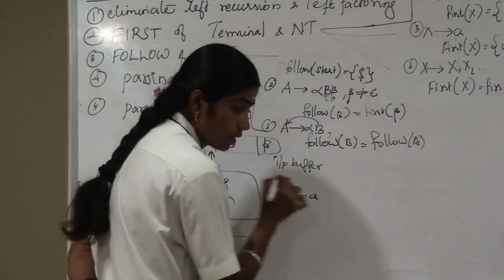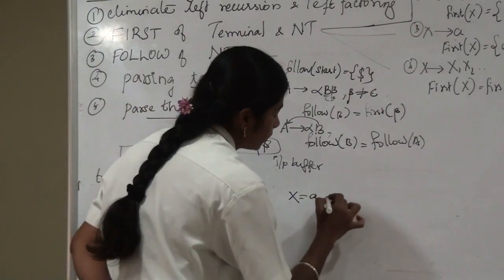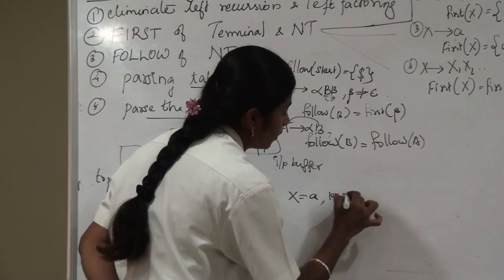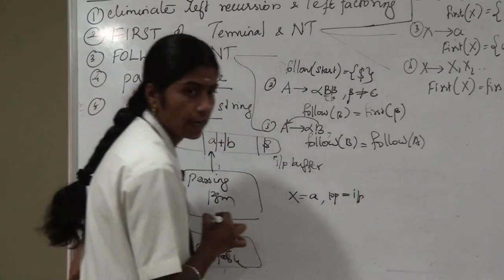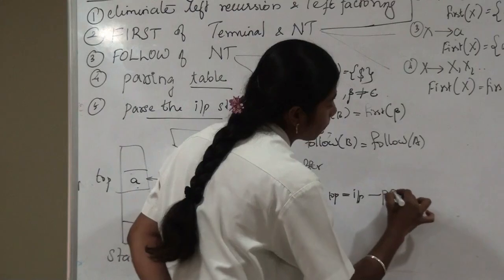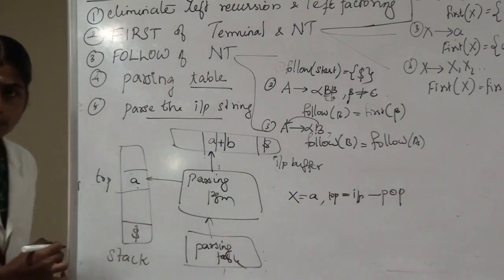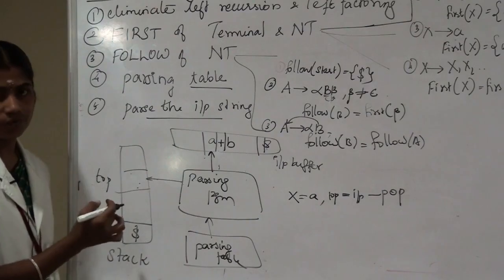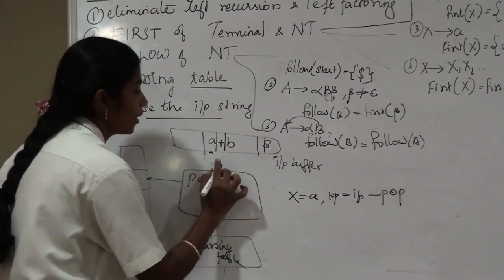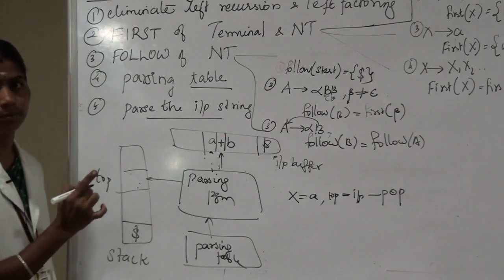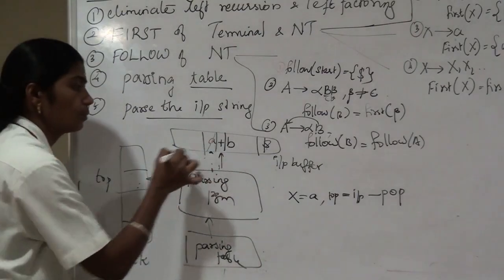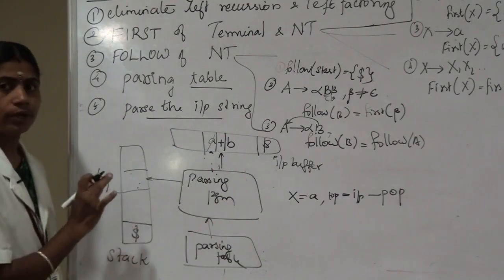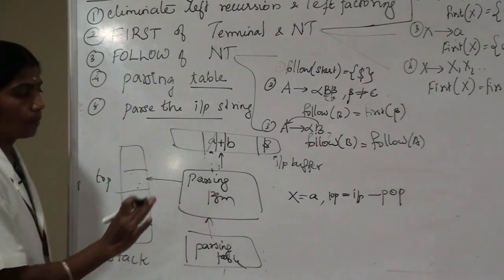If X is equal to A, which means the top of stack and the input buffer are the same, at this point you have to pop that symbol out of the stack, and the input pointer will be advanced to the next symbol. Since it is available, you can parse through the grammar, you have to pop it out, right?